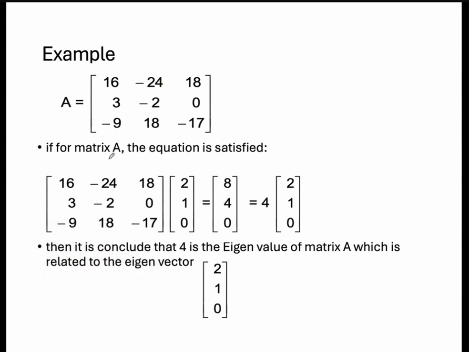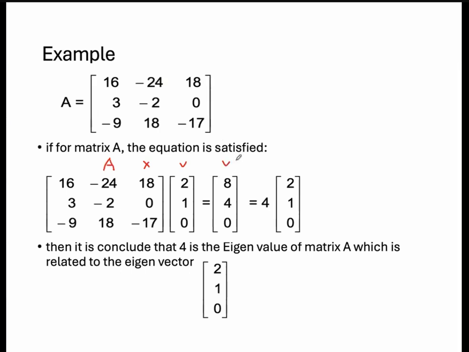okay, this is matrix A, and matrix A is multiplied with another matrix. This matrix contains only 1 column. If we multiply matrix A with a matrix that has 1 column, the result is on the right hand side.